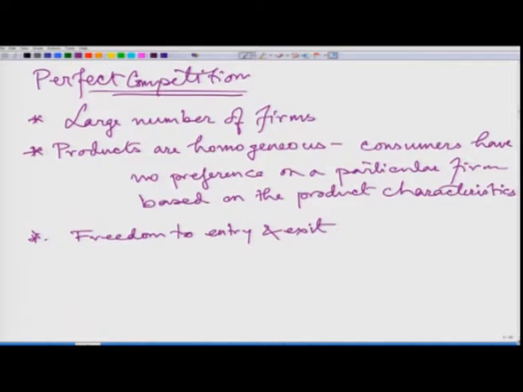If I want to set up a clinic, I can set up a clinic, and I have to of course give the same kind of product, and if I want to leave, I can just close the shop, stop my consultancy business. So there is absolute freedom of entry and exit, and before that, firms are price takers.